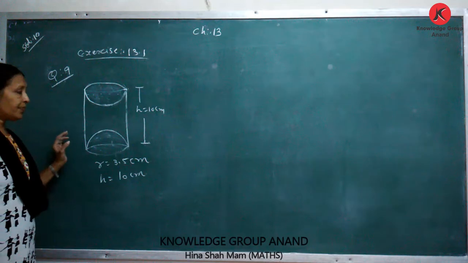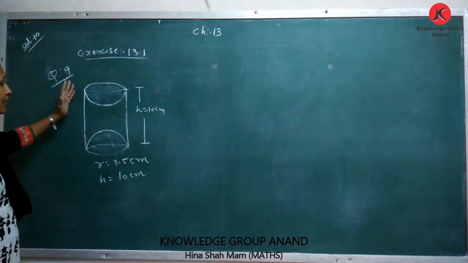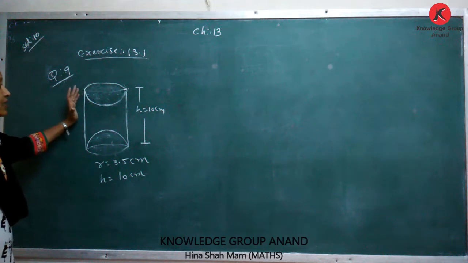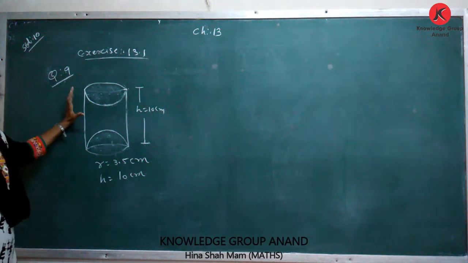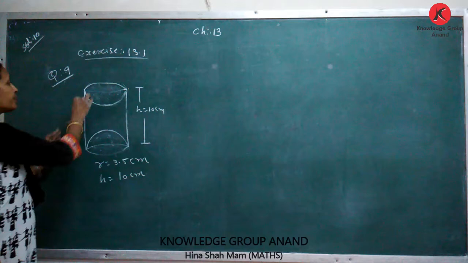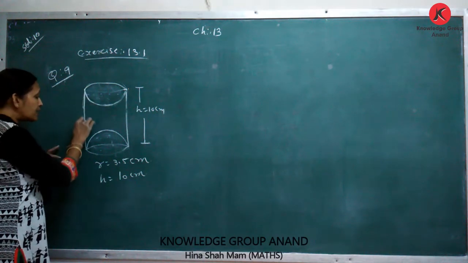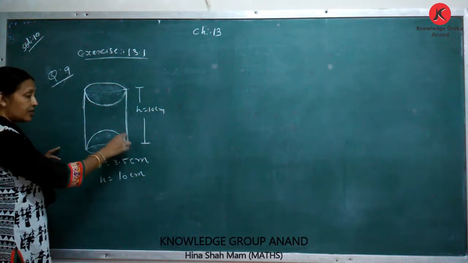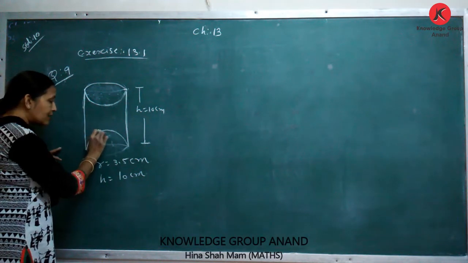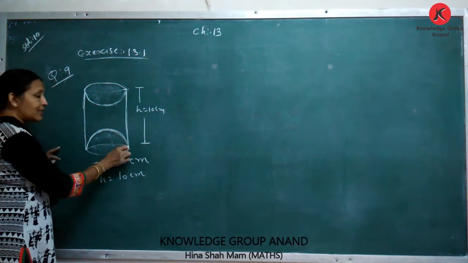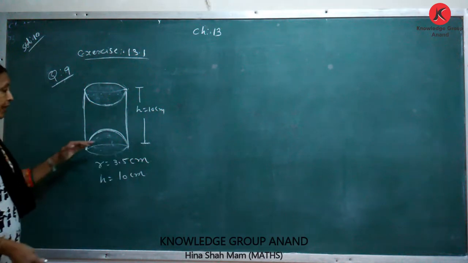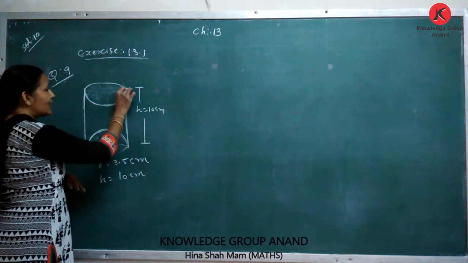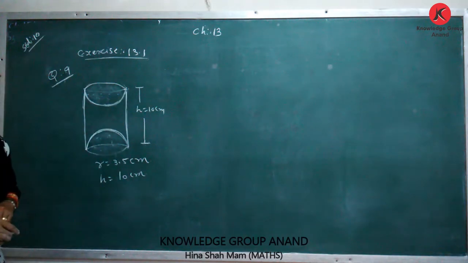In this article, which shapes are combined? Curved surface area of cylinder plus curved surface area of hemisphere plus curved surface area of hemisphere.